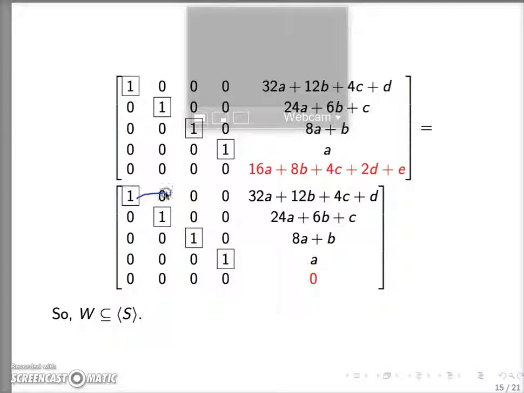This here is alpha 1, this is the value for alpha 2, this is for alpha 3, and there is alpha 4.